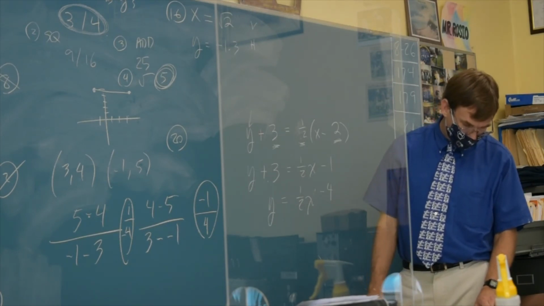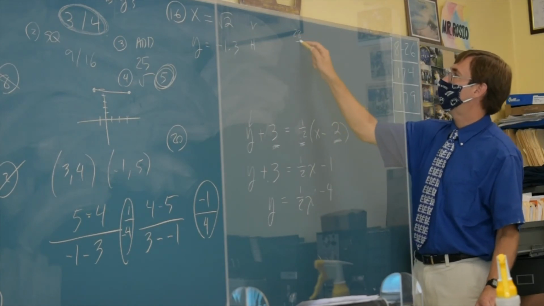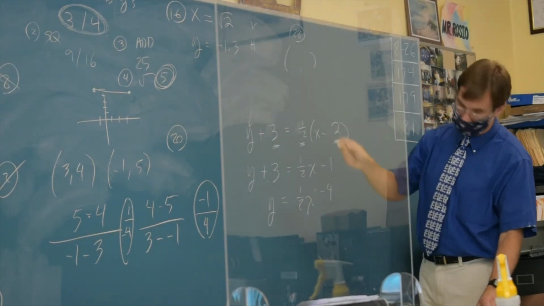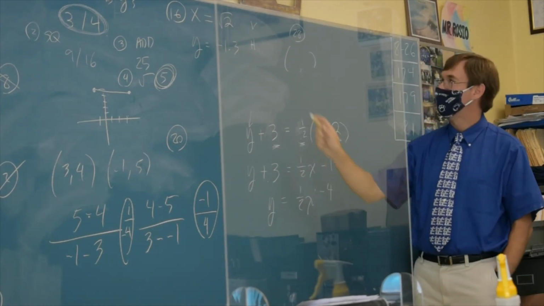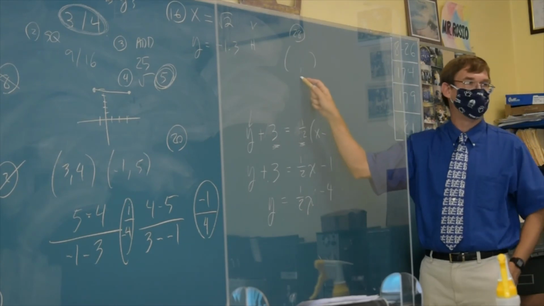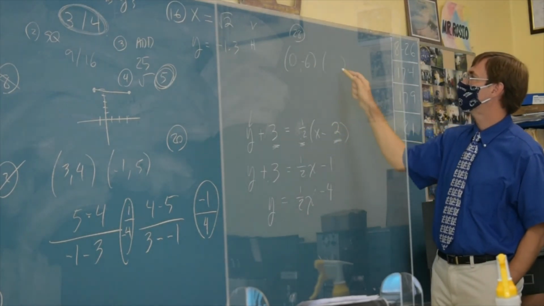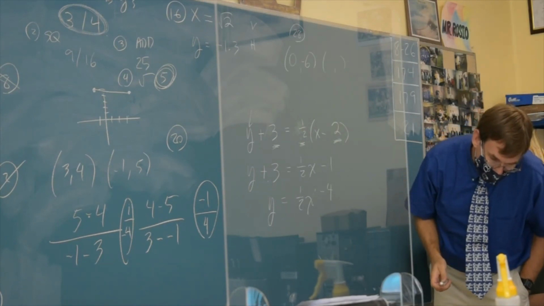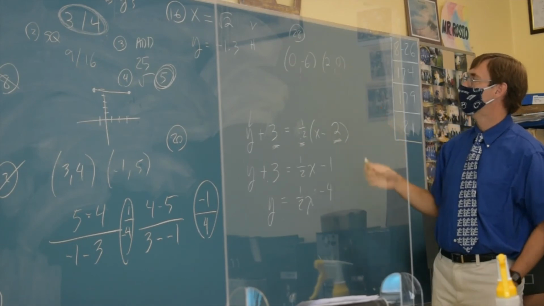If we wanted to do 28, they say we have a y-intercept of -6. How can I rewrite that as an ordered pair? What's that mean, y-intercept -6? So 0, -6. And they say x-intercept 2, so 2, 0.